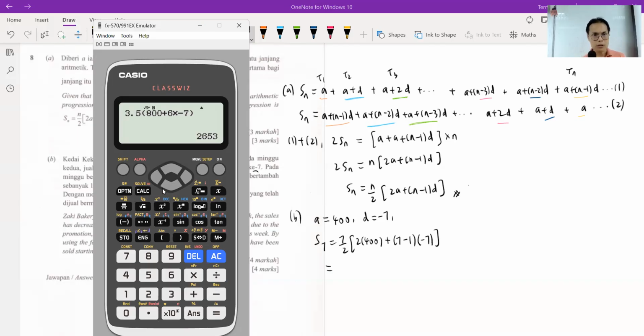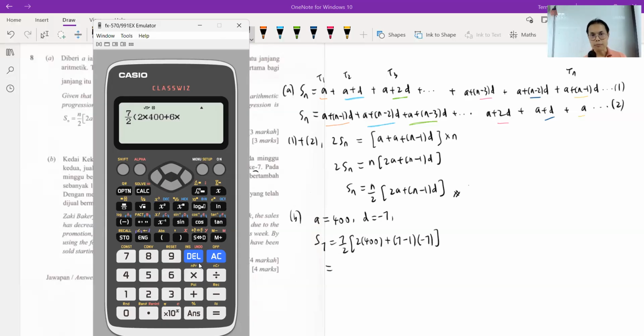Sehingga minggu ke-7. One more time, 7 over 2, bracket 2a, my a is 400, plus 7 minus 1 is 6 times d.